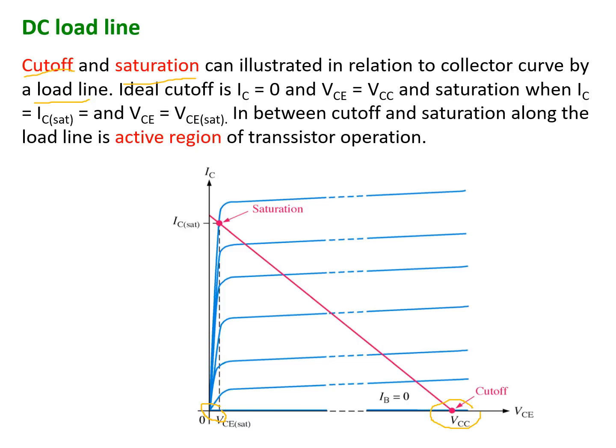So here is the cutoff point. And saturation is when IC equals IC saturation and VCE equals VCE saturation. In between cutoff and saturation along the load line is the active region of transistor operation.